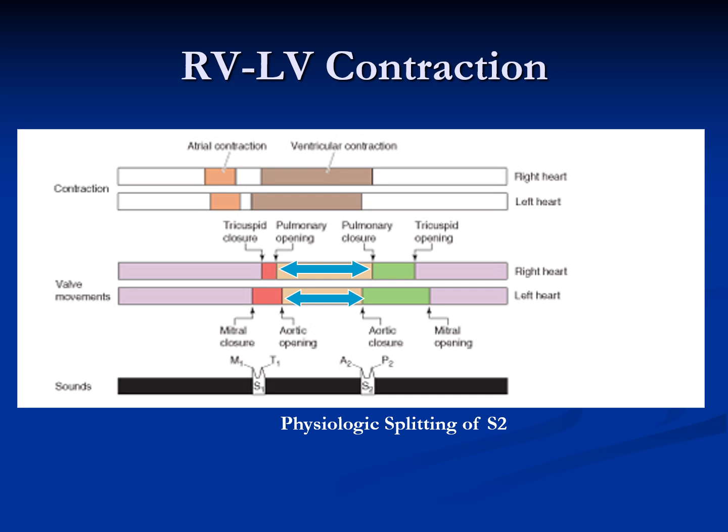If you take a deep breath, in inspiration, how much blood returns to the right ventricle? Does inspiration increase venous return or decrease it? It increases it, because in inspiration, you create a negative intrathoracic pressure, therefore sucking more venous blood from the vena cava to the right atrium and the right ventricle.